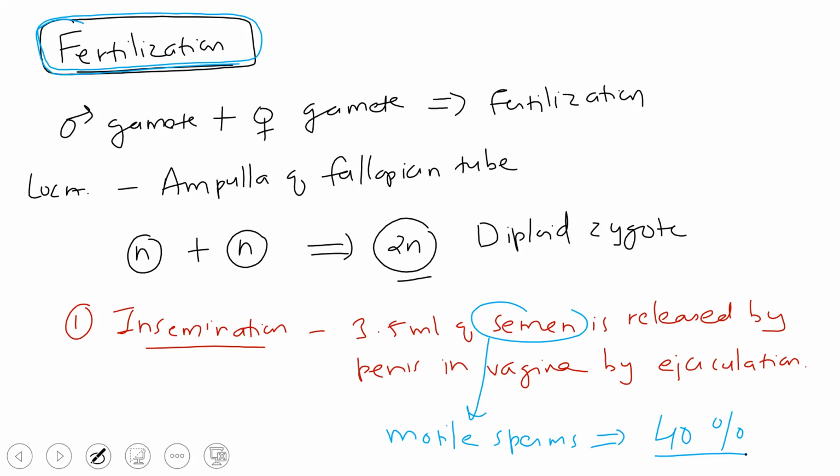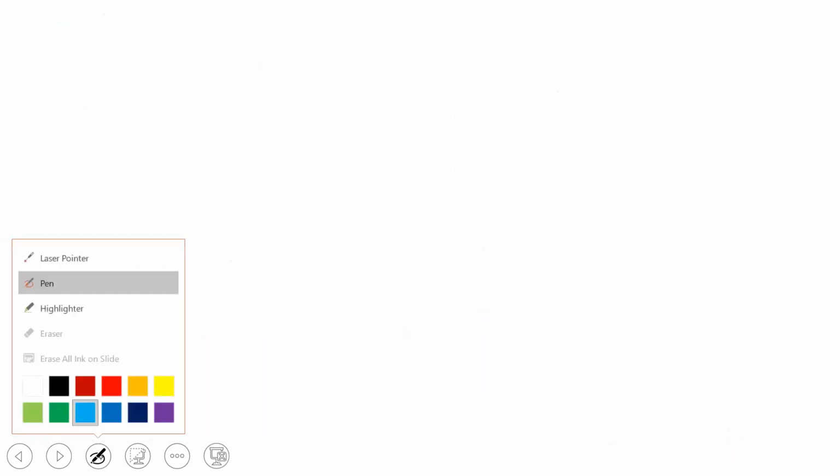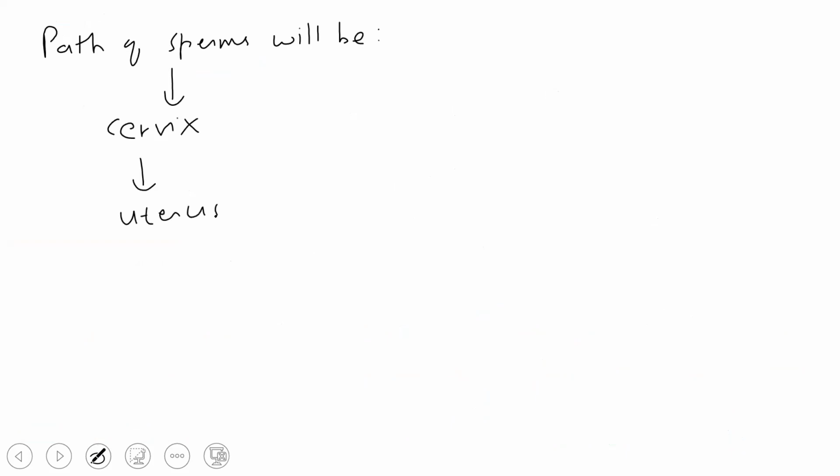So the path of these sperms, this is also an MCQ. It will pass through the cervix. Then it will go to the uterus.